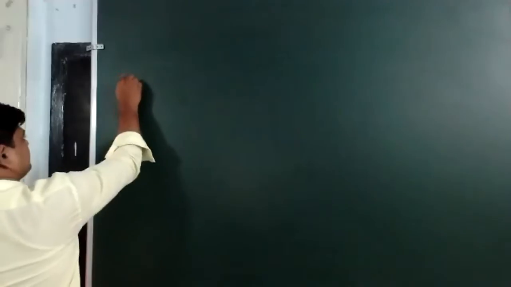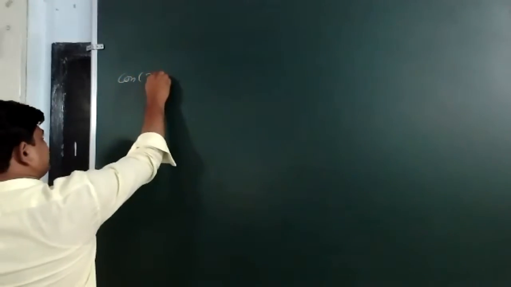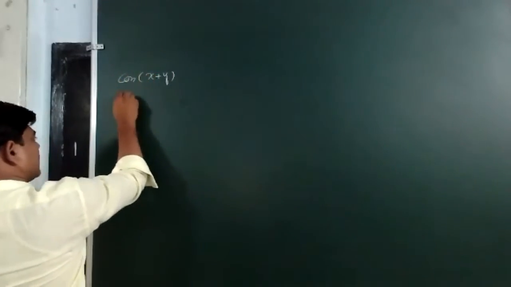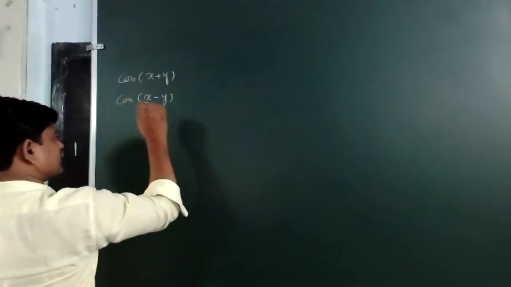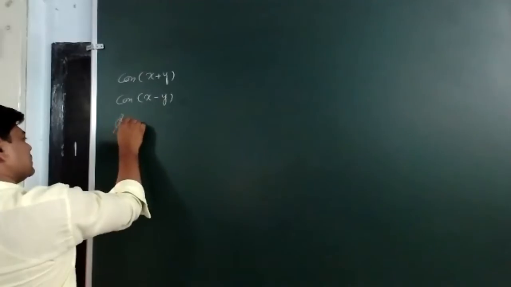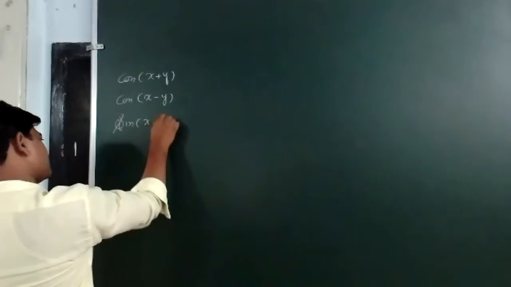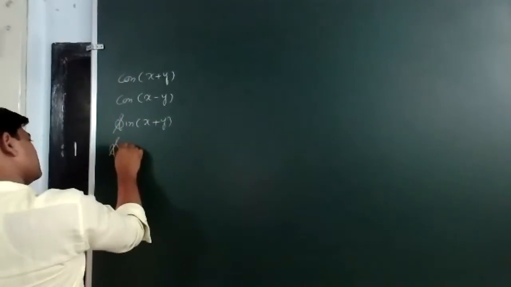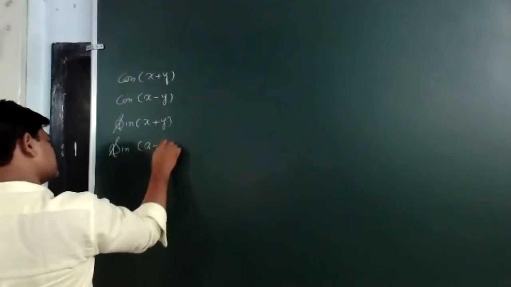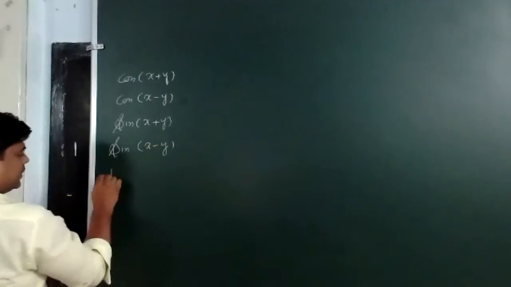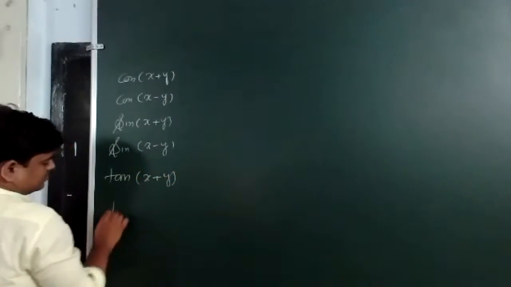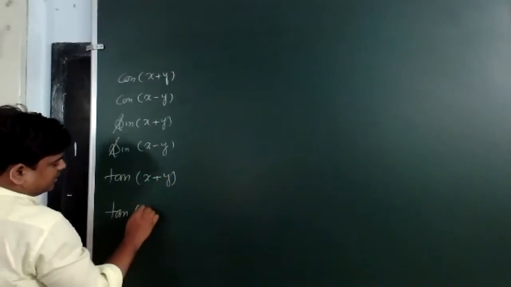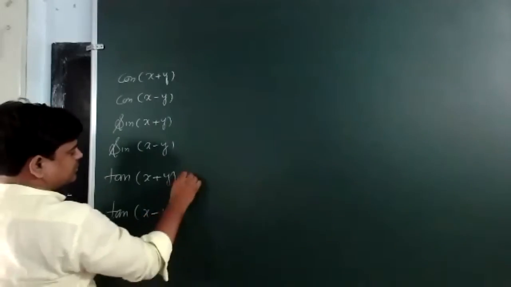The first formulas are cos x plus y and cos x minus y. Then we will have sin x plus y, sin x minus y. Then tan x plus y, tan x minus y.